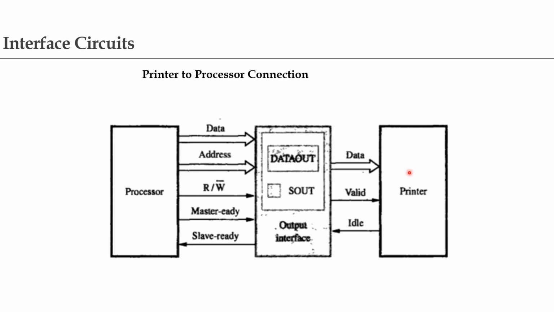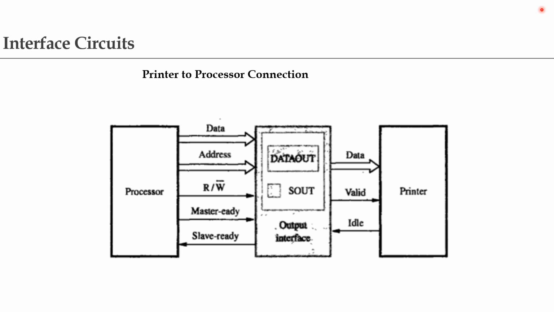The connection between a printer and a processor involves the transfer of data from the processor to the printer so that the printer can produce a hard copy. The process is similar to other input-output device connections, but there are specific details tailored to the printing operations.